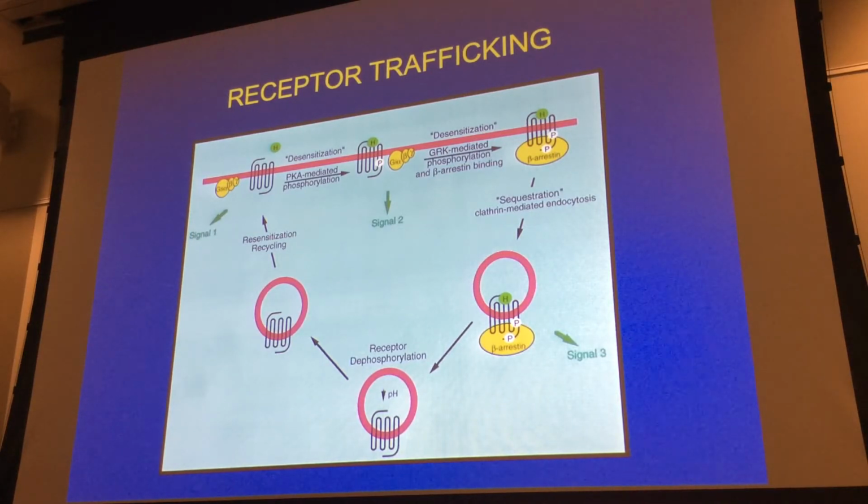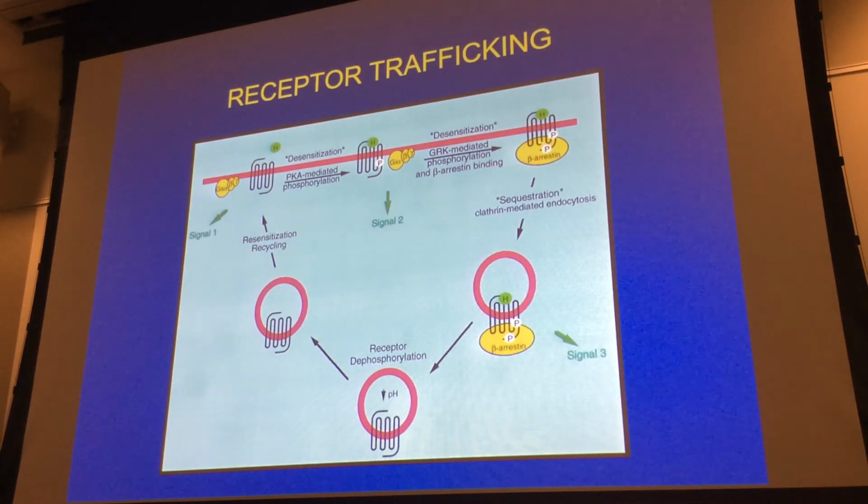So beta-arrestin dependent signaling is different from G-protein dependent signaling. G-protein, we've talked about this already. You've got cyclic AMP, you've got ion channels, a bunch of other things going on. But there are other pathways which don't depend on G proteins themselves. They depend on beta-arrestin.